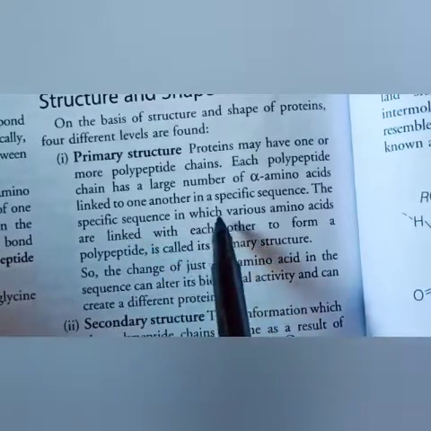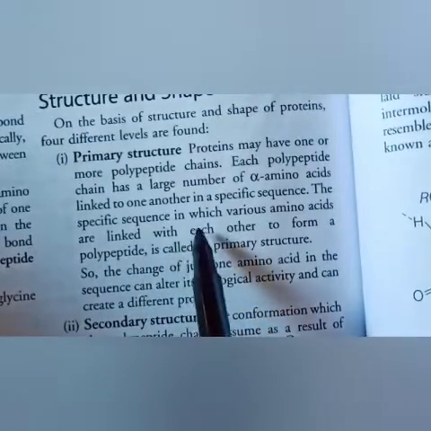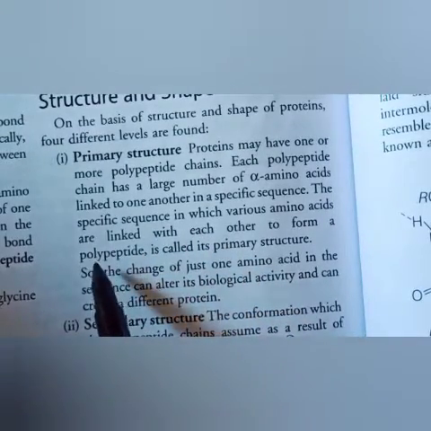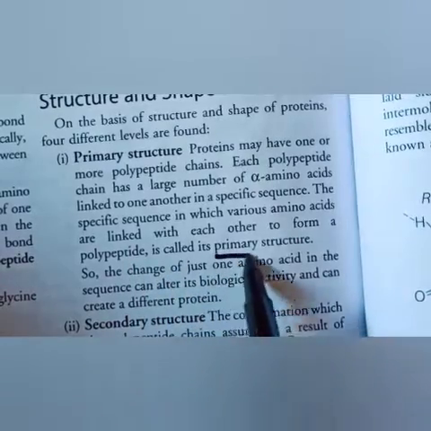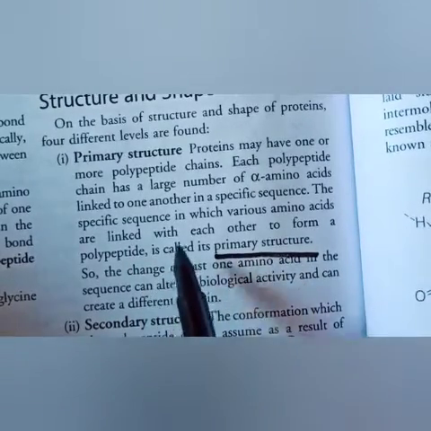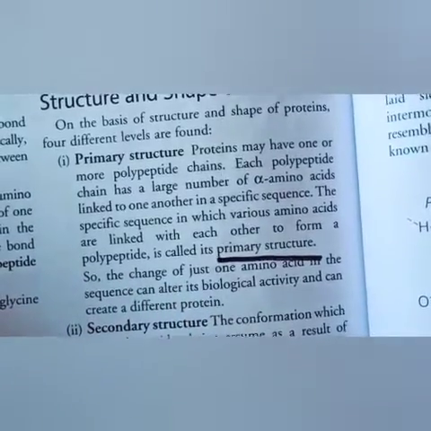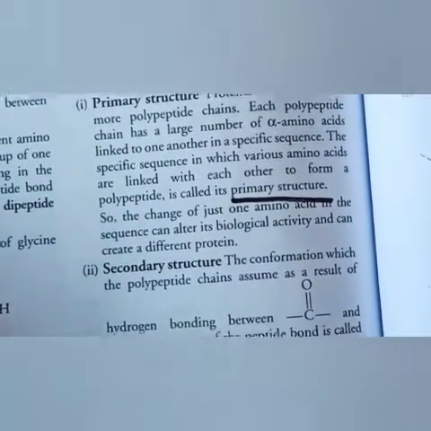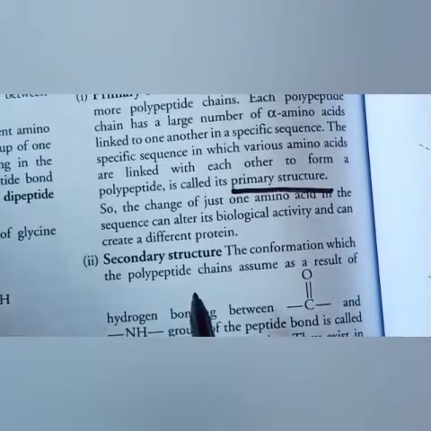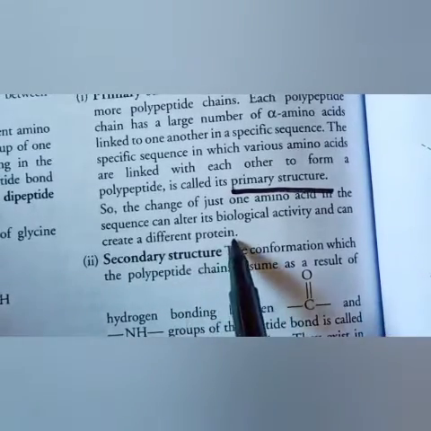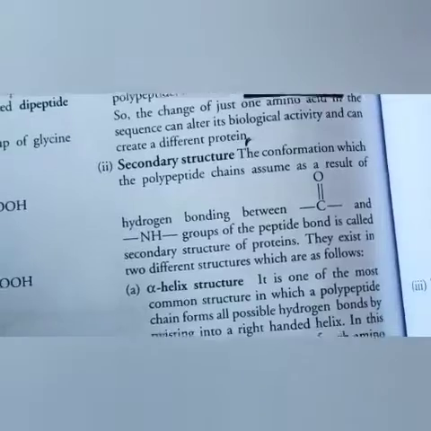The specific sequence in which various amino acids are linked with each other, hope you are understanding this line, forms a polypeptide which is called primary structure. The link in which amino acids are joined, that polypeptide, is called primary structure. The change of just one amino acid in the sequence can alter its biological activity and can create a different protein.